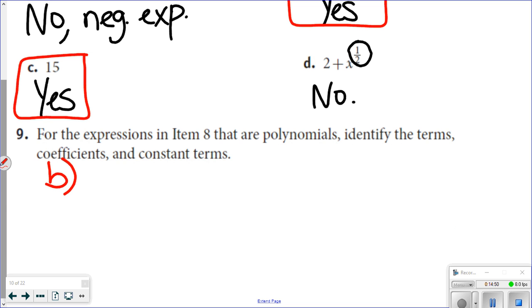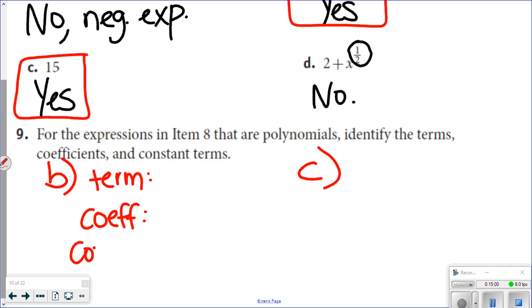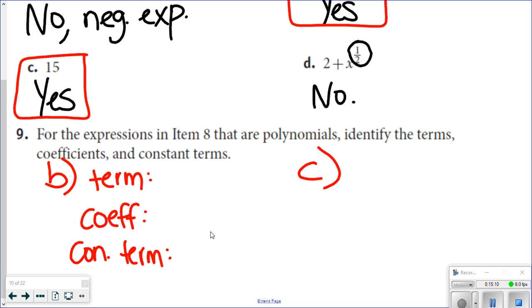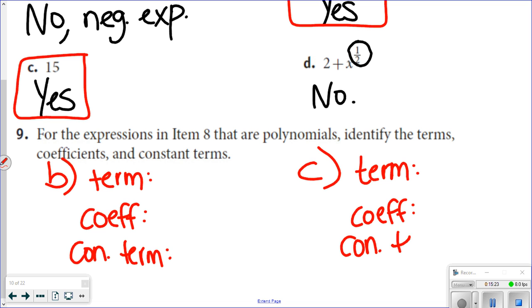So here's B, here's C. We're going to identify the terms, then the coefficients, and the constant term. I'll just rewrite it. So go ahead and answer questions B and C. Use your note sheet to help you if you need it.